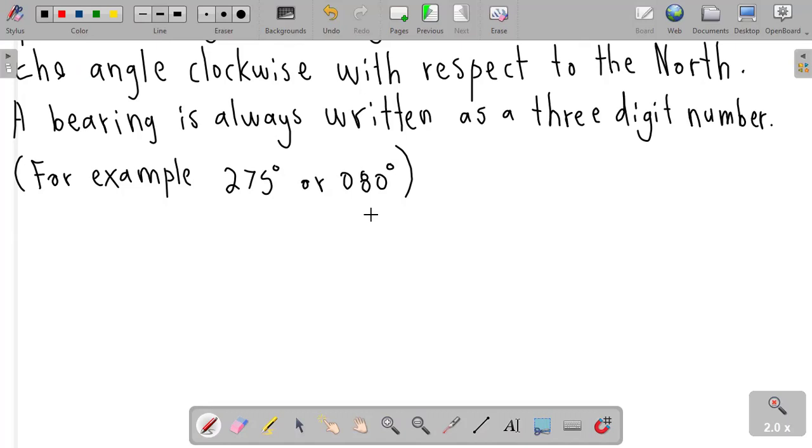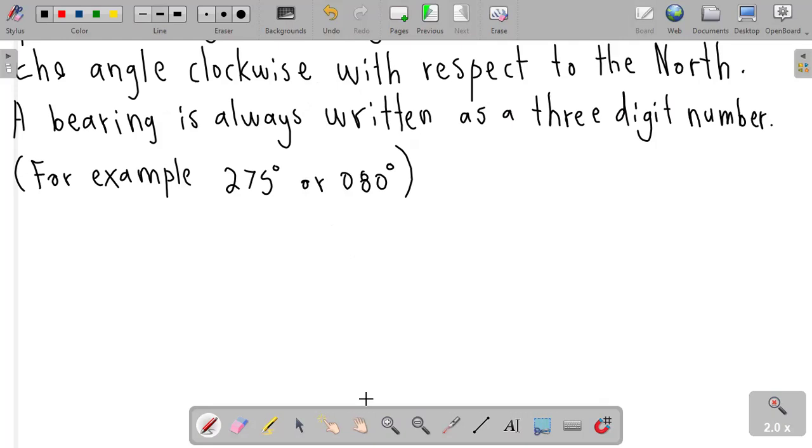If, for example, you have 30 degrees, we're going to say 030. We don't use two digits when we're talking about a bearing.